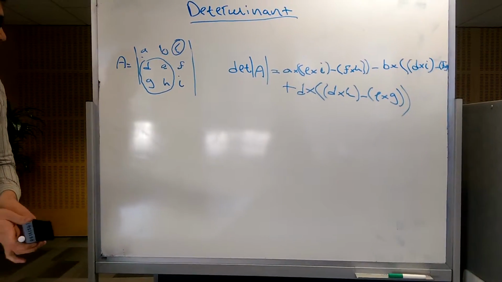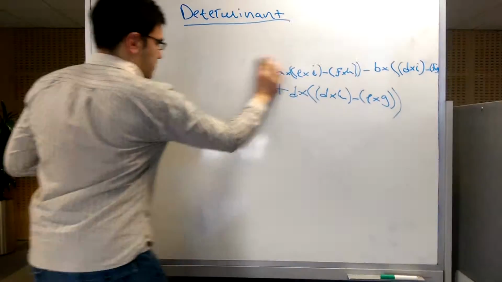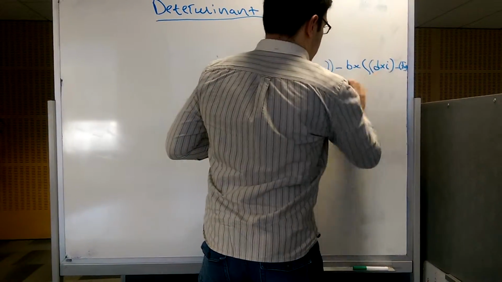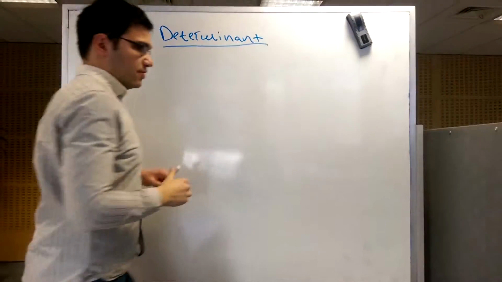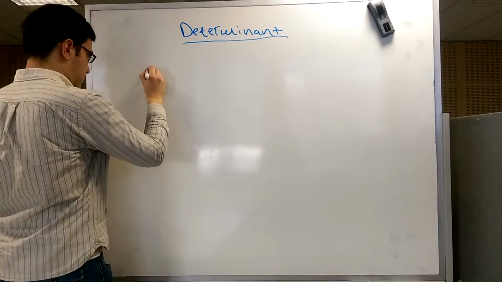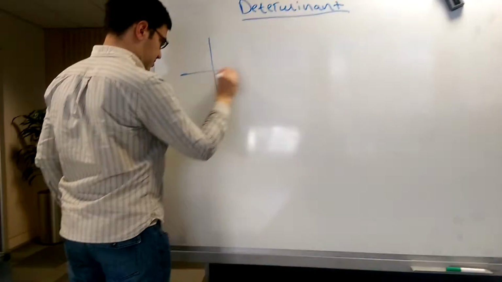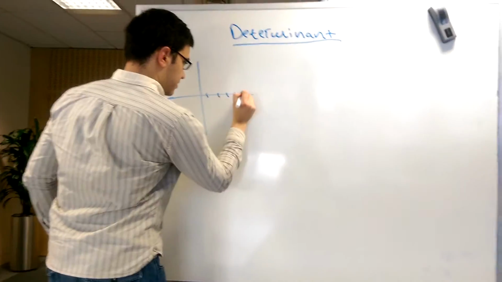So now we will look at a real world example of determinant, and we will calculate the area of a triangle on the plane using determinant. So I want you to imagine that you have a triangle on the plane.